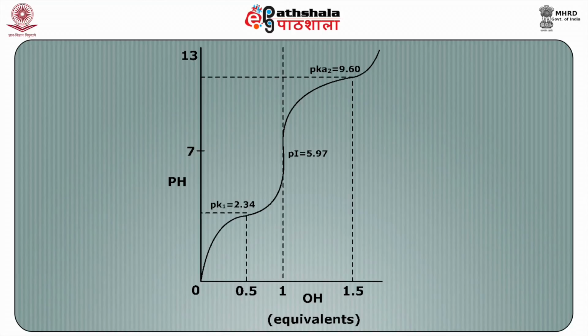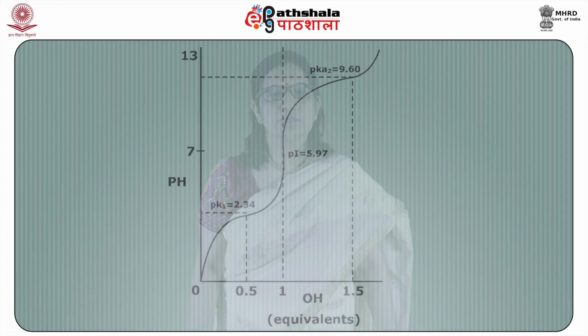The characteristic pH at which the net charge becomes equal to 0 is called the isoelectric point or isoelectric pH, designated as pI. The isoelectric point is simply the arithmetic mean of the two pK values. Here the pI is half of pK1 plus pK2, which is equal to half of 2.34, the pK for carboxylic, plus 9.6, the pK for the amine group.